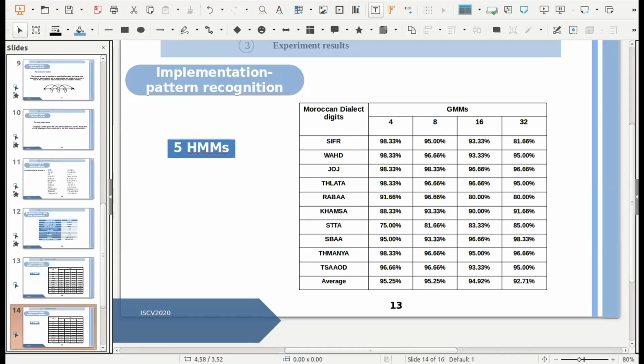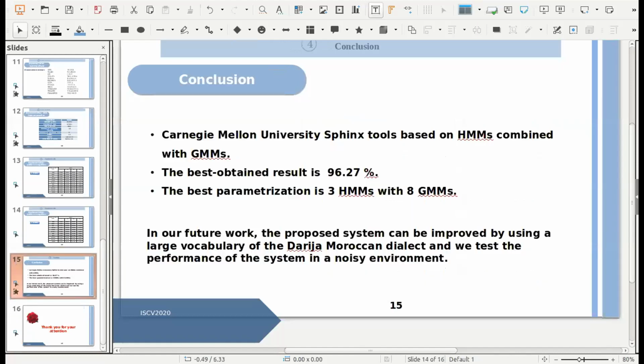According to the analysis of digit recognition rate, the most frequently misrecognized Moroccan dialect digits are sta and hamsa. In this paper, we investigated the speaker independent digit automatic speech recognition system using a database of sounds corresponding to digits spoken in the Moroccan dialect.